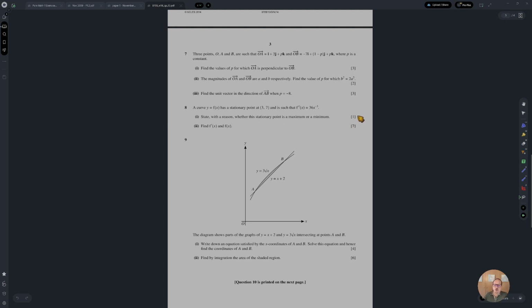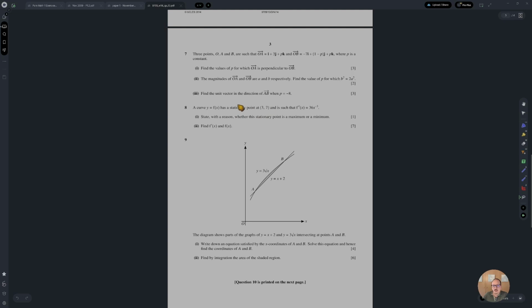1 point suggests that the answer is somewhat obvious, and it is. You already have here the expression for the second derivative, and you know that after substituting x in the second derivative by a particular value, you will know if that point is a maximum or a minimum, assuming that you already know beforehand that the coordinate we are talking about is a stationary point to begin with, which you do because the question tells you, right?